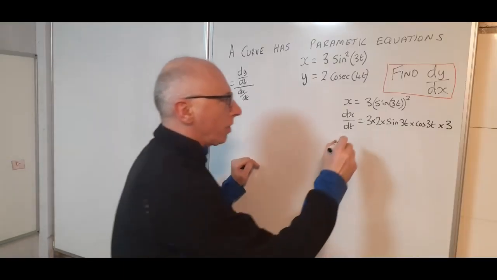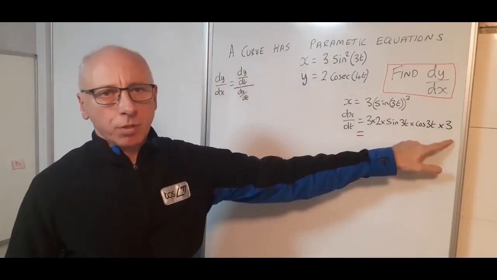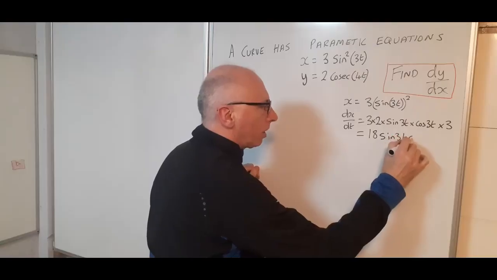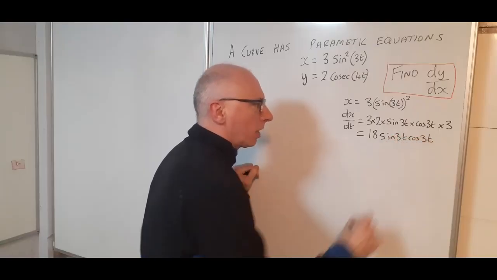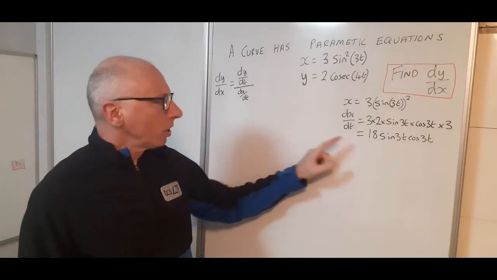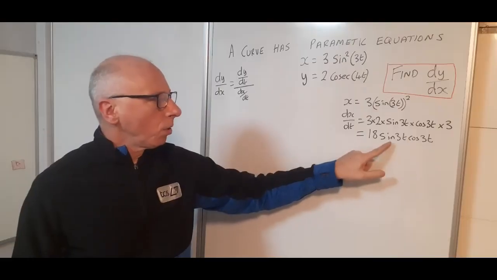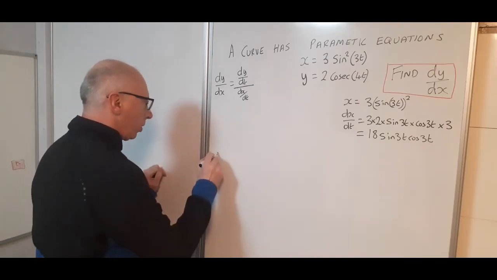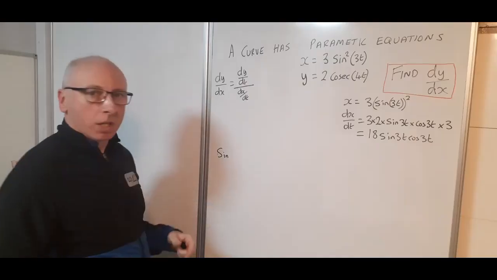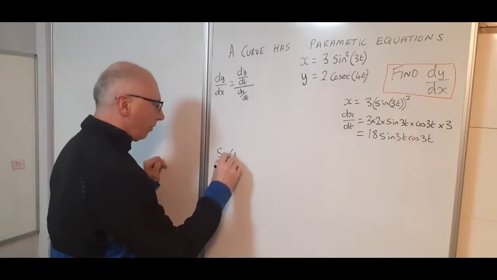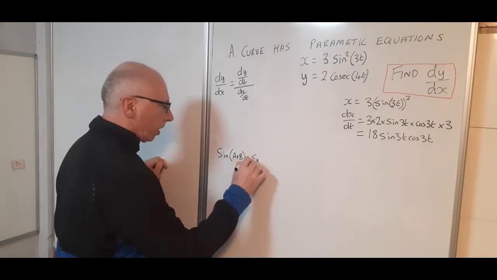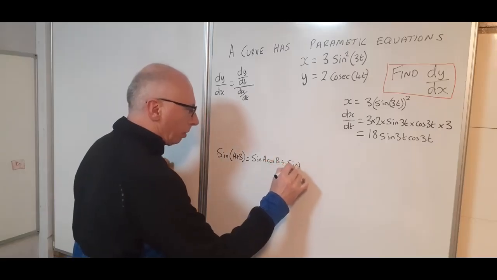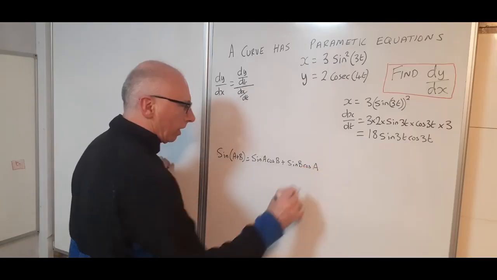So let's simplify this now. 3 times 2 times 3 is 18, and then I've got sine 3t cosine 3t. Now that would generally be good enough for a result, but I can do more here and turn this into one trig function. If I have a look at the sine sum formula, sine of a plus b equals sine a cosine b plus sine b cosine a.